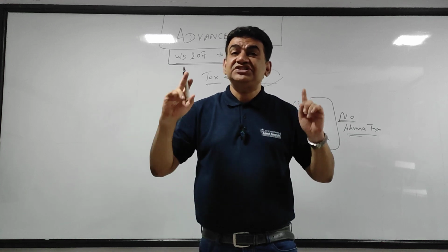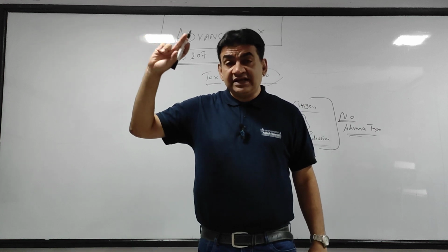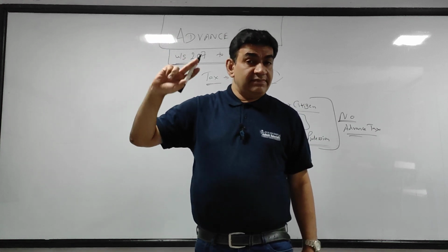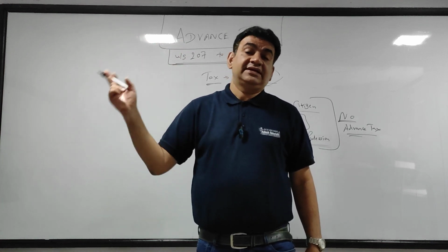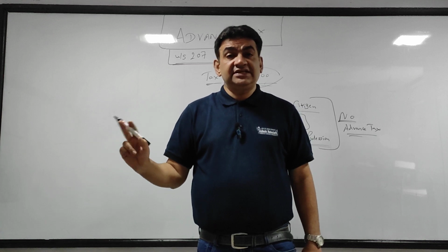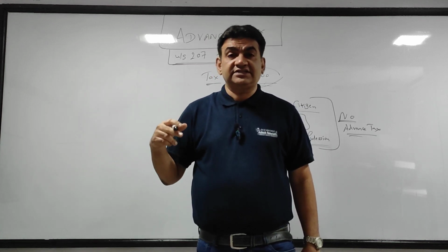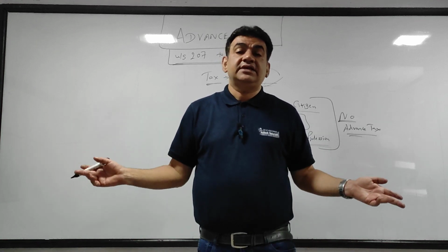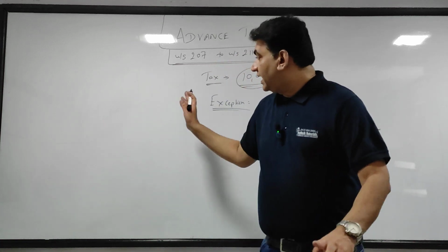Remember, this is pure estimate. After the year gets over, when the assessment is done, your actual tax liability may be equal to advance tax paid, maybe more, maybe less. As I told you, if it is less, you will be charged interest. If it is more, you will get the refund with interest. And if it is exact, which is a very, very rare case, then there is no amount payable, no amount receivable. Okay, I'll tell you what is the interest.